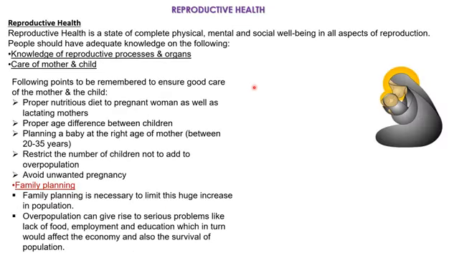Right. Now, reproductive health. What do we mean by reproductive health? As we have known, once the menstruation starts in women, and when a male has reached puberty, sperms start forming in the male.